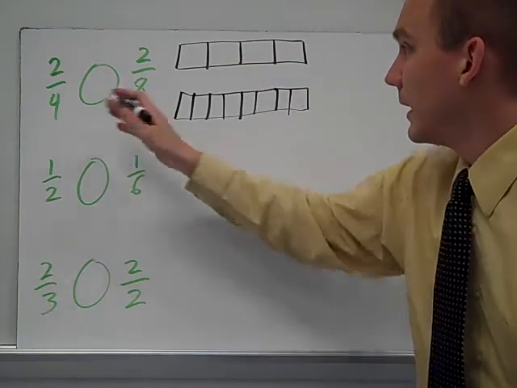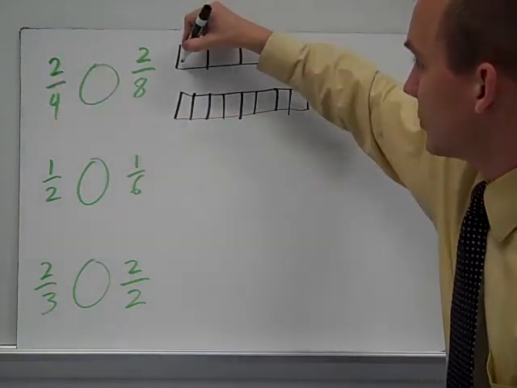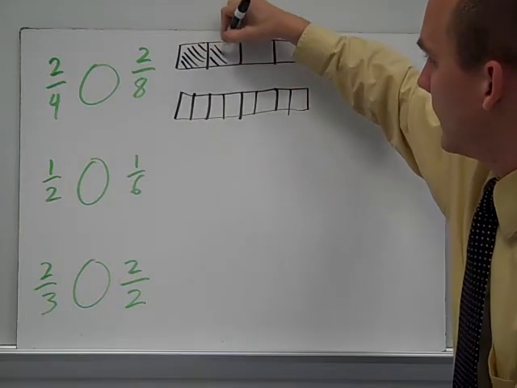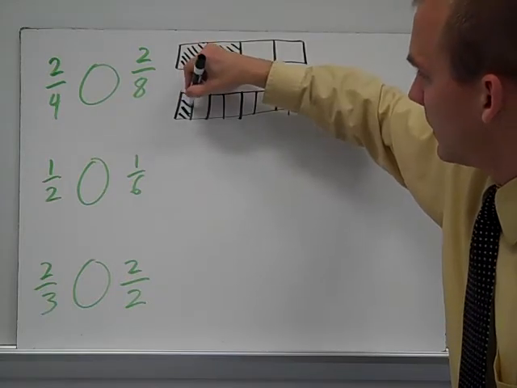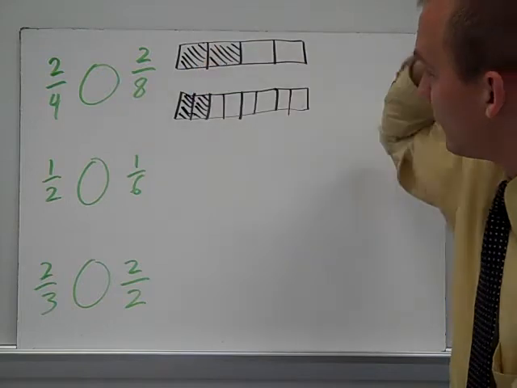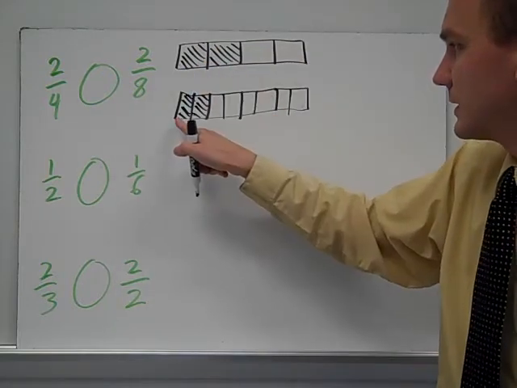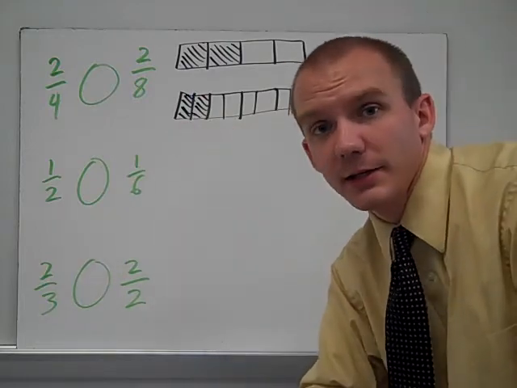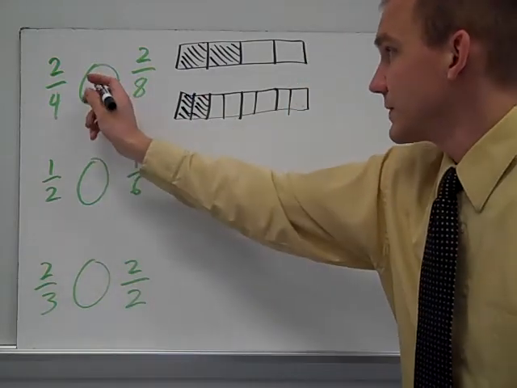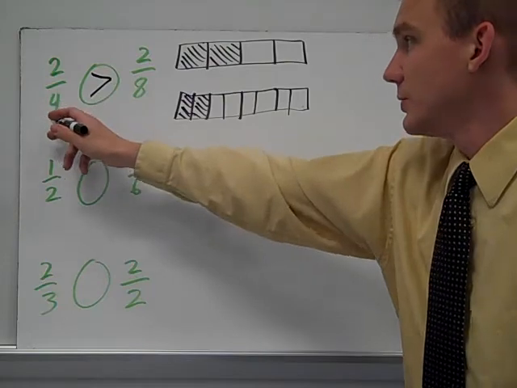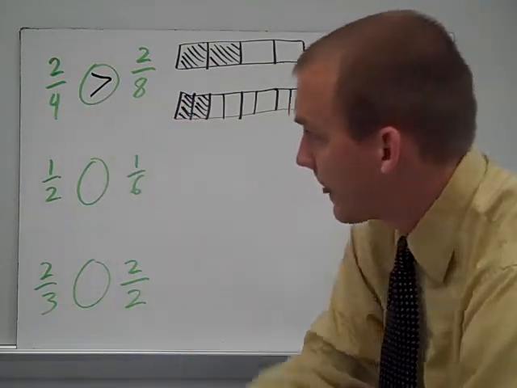Alright, and now we need to shade in 2/4 and 2/8. So 2 on the top, 1, 2, and then 2 on the bottom. 1, 2. And in this case, I noticed that the 2/4 is larger, more space is shaded than the 2/8. So the 2/4 is going to be the greater fraction, or 2/4 is greater than 2/8.